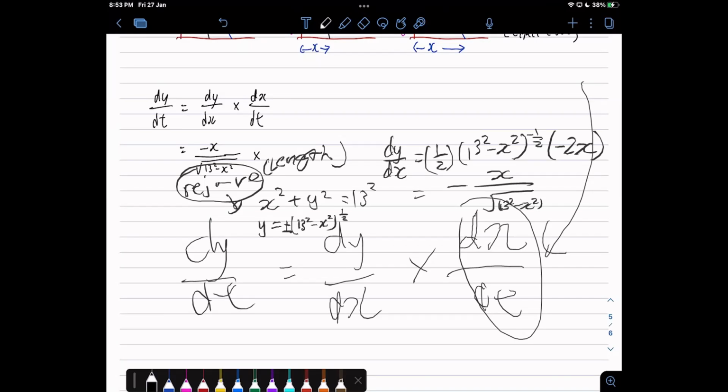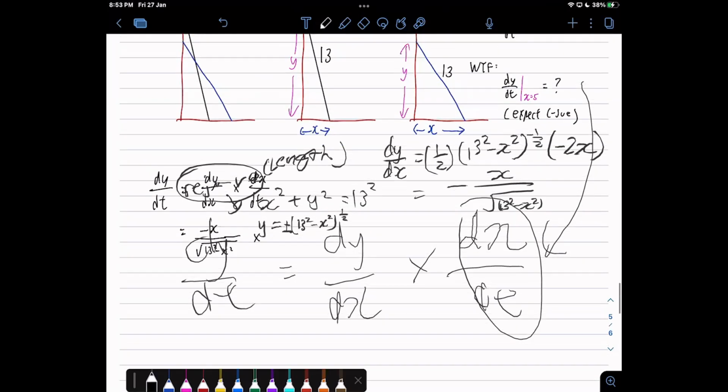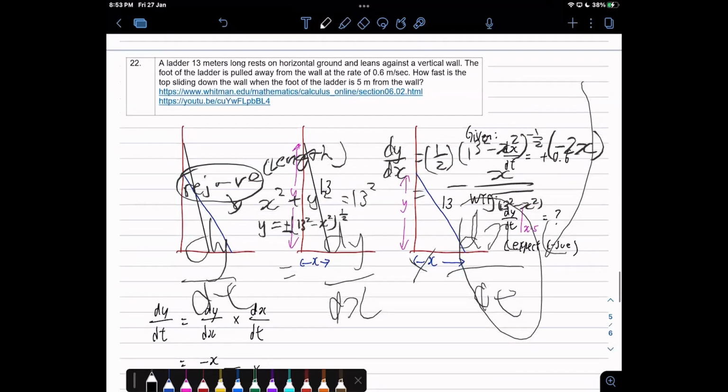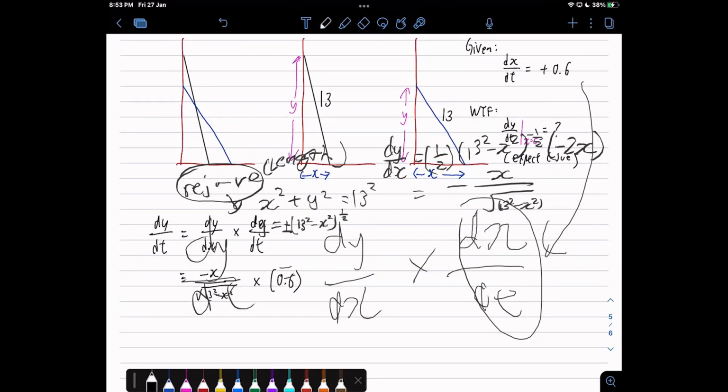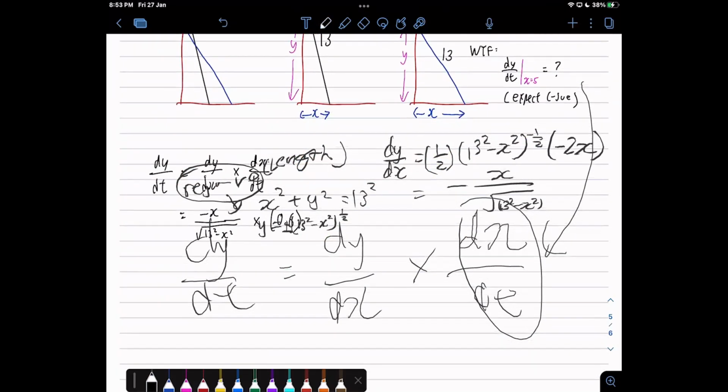And dx by dt was, if I look at the given, positive 0.6. So I'll sub it in with 0.6. But we also need to sub in x equals 5, right? The notation is a vertical line x equal to 5. I'm just going to be lazy and substitute x with 5 directly.